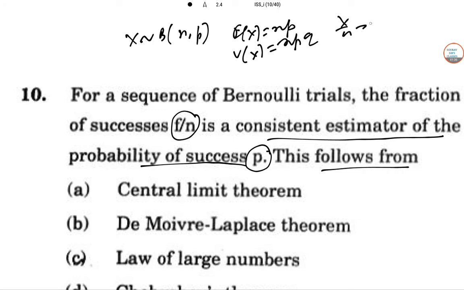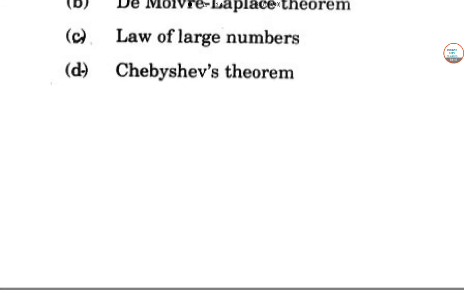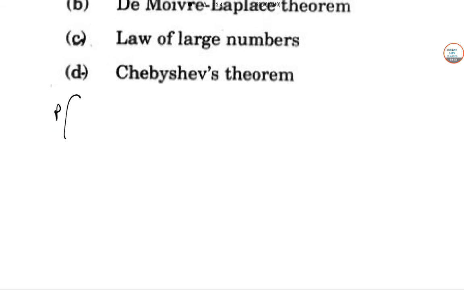Let X by n be the fraction of success, which is given. What we need to prove here is that the probability of mod of X by n minus p less than epsilon tends to 1 as n tends to infinity.